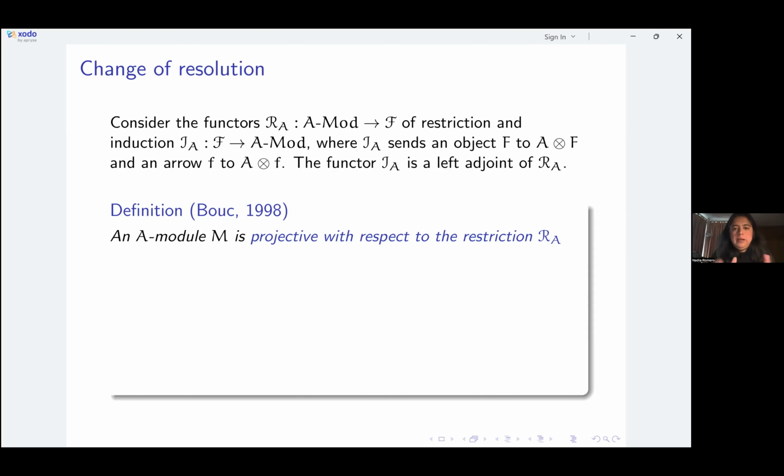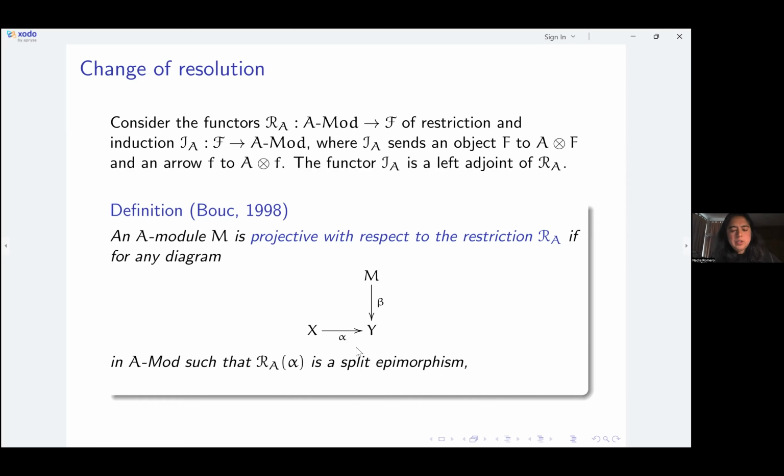This is possible, but I'm not saying it's only him who has defined this. We say that a module is projective with respect to this restriction if whenever we have a diagram like this in A-mod, but such that the restriction of alpha is a split epimorphism, then there exists an arrow from M to X that makes this diagram commute.